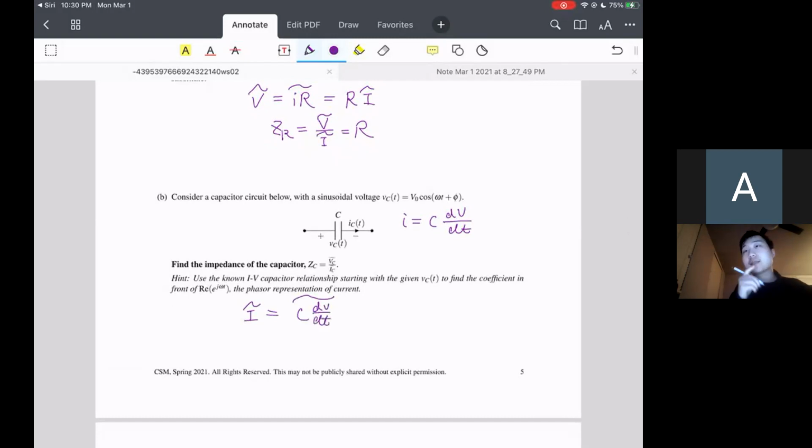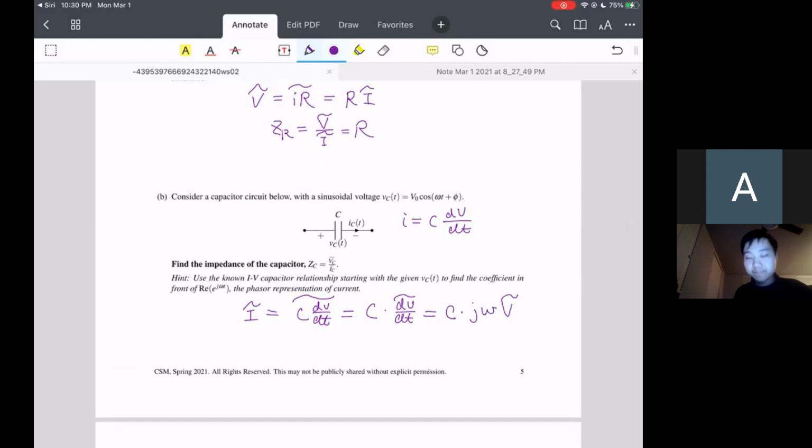So again, since C is a constant, and since phasors are linear, we see that this is equal to C times the phasor representation of dV/dt. Okay, so as we explained in the differentiation part, the phasor representation of a derivative is just j omega V tilde, so this is C times j omega V tilde.